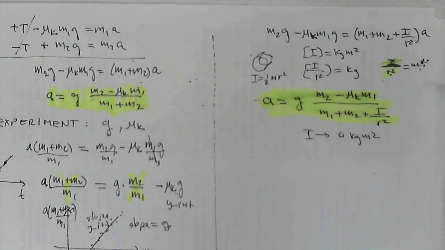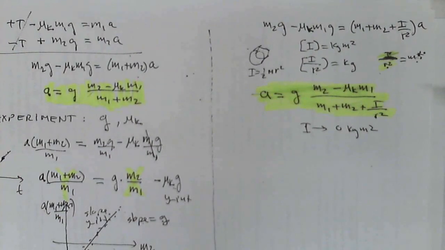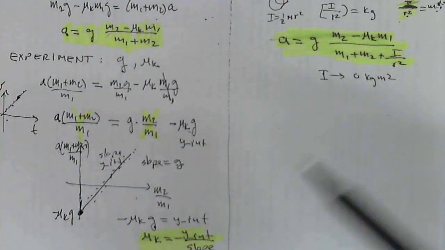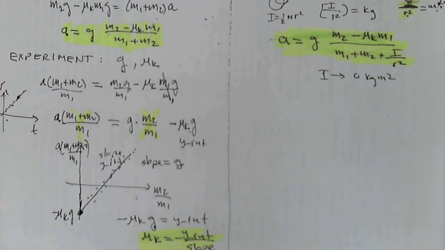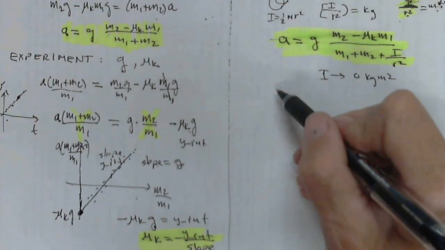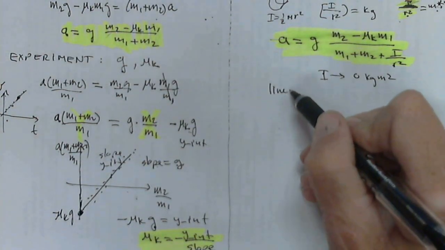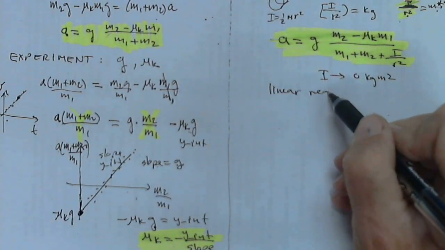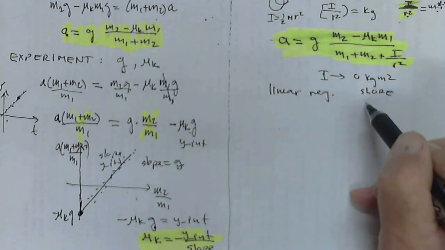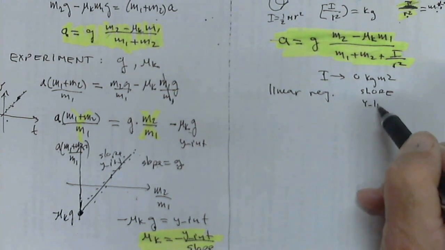Now, experimentally speaking, remember that in this case we got this equation over here, and there is no way to linearize it. So always remember that a linear regression is only going to give you 2 parameters, the slope and the y-intercept.